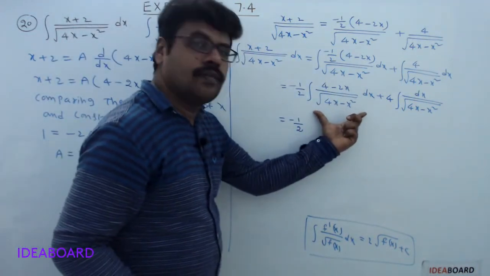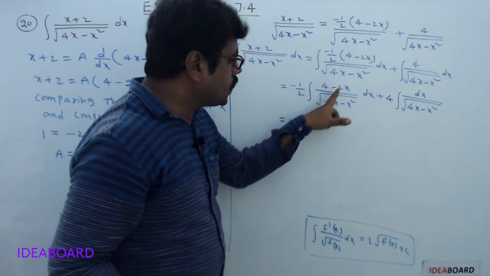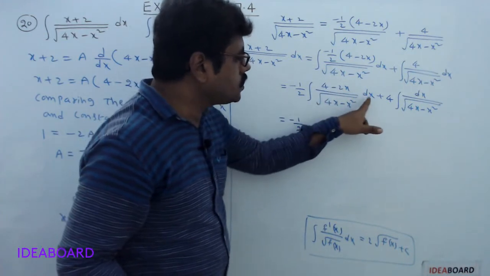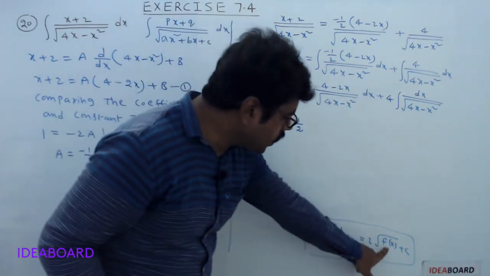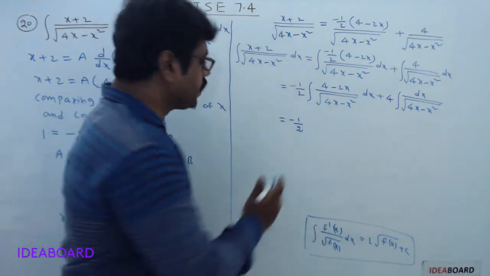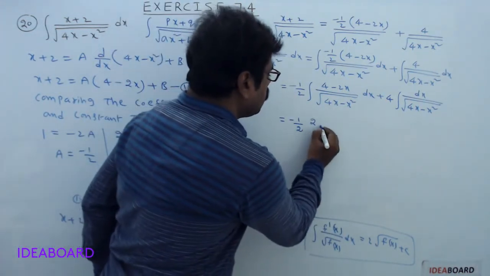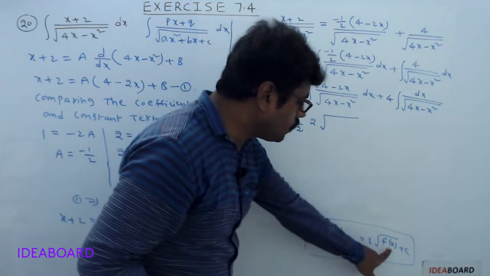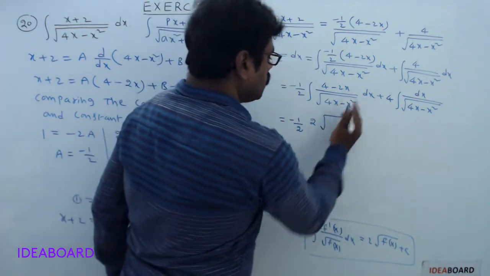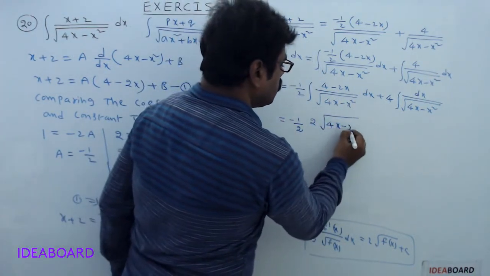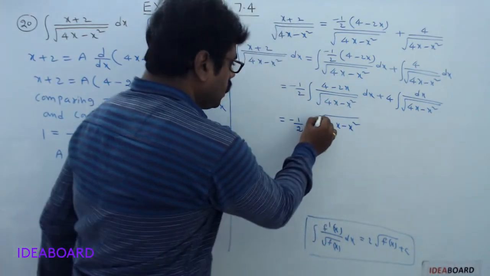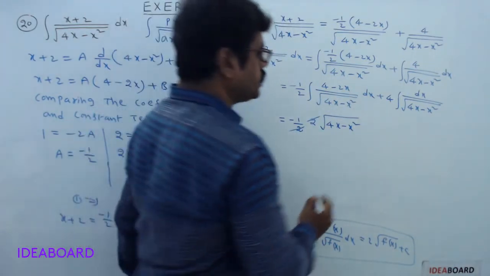So this term is of the form integral f dash of x divided by root f of x dx. So apply this formula on this term. So it is 2 into root of f of x. F of x is 4x minus x square. Now here constant term 2 will be cancelled.